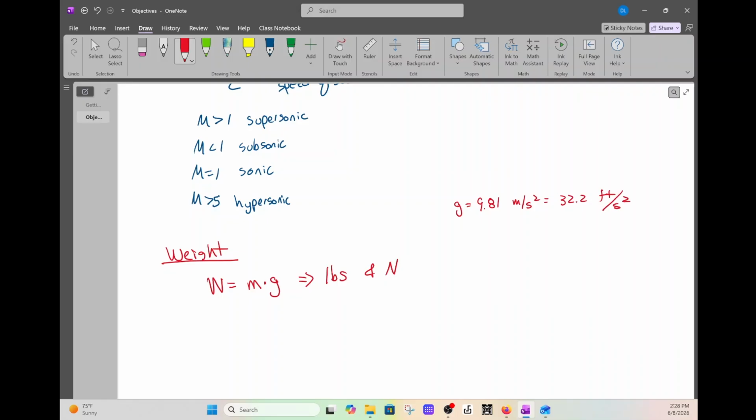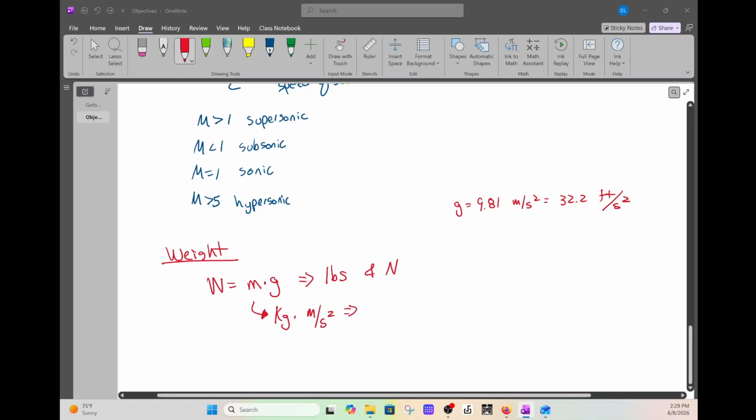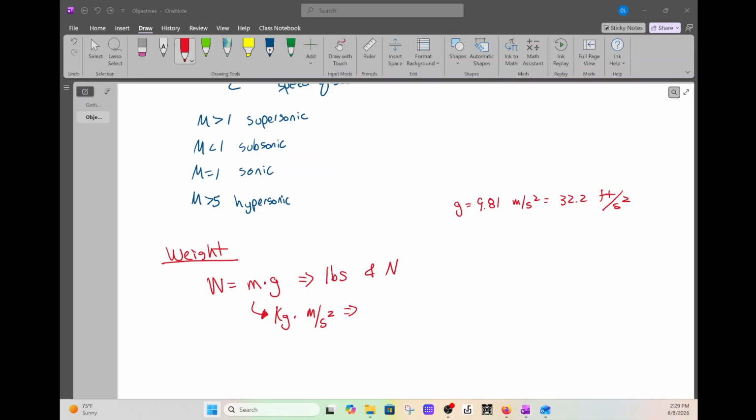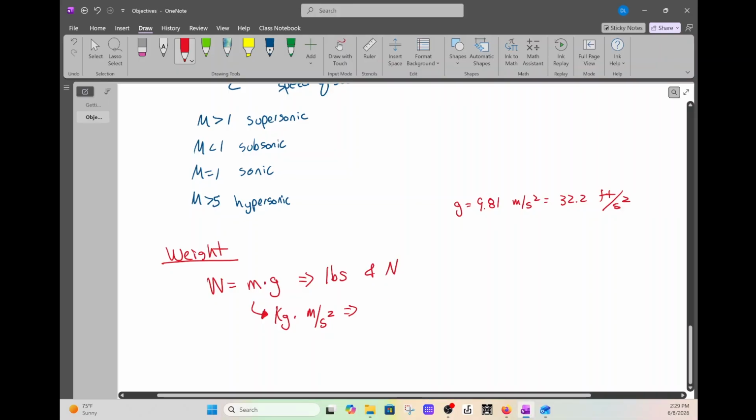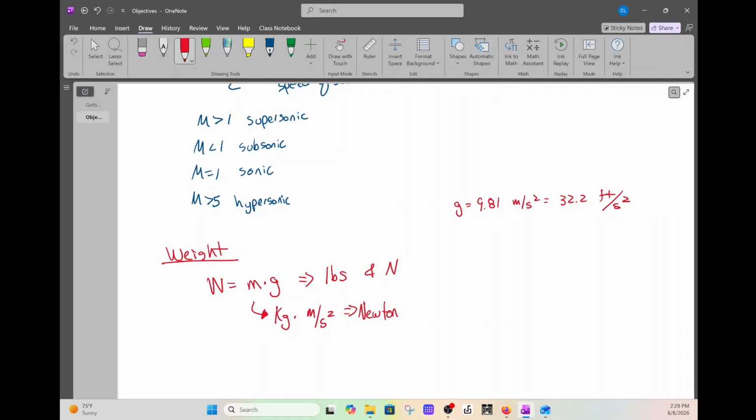Okay, in English. Units are very, very important. Okay, every time you do a calculation, you need to put your units. So the unit of mass is kilogram. Unit of acceleration is meters per second squared. Okay. This is defined as a Newton. Okay, or N. It's Newton.